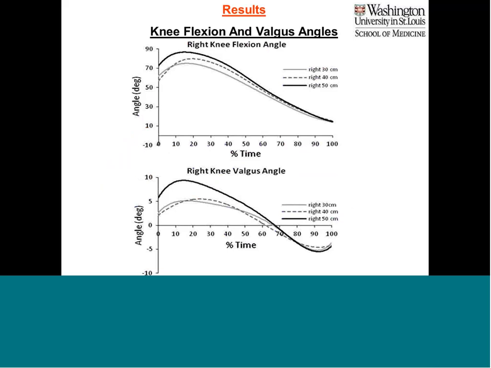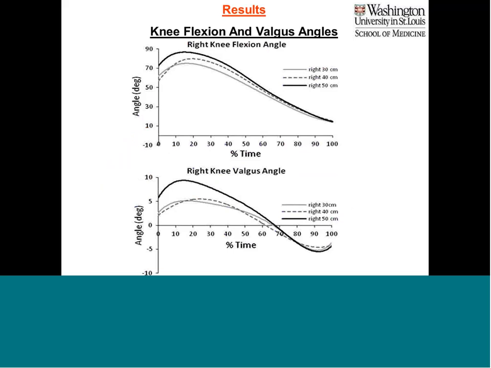So moving on to the results of knee flexion and valgus angles. I computed the knee flexion and valgus angles through both inverse kinematics and forward dynamic simulation, and here are the angles that I obtained for flexion and valgus.